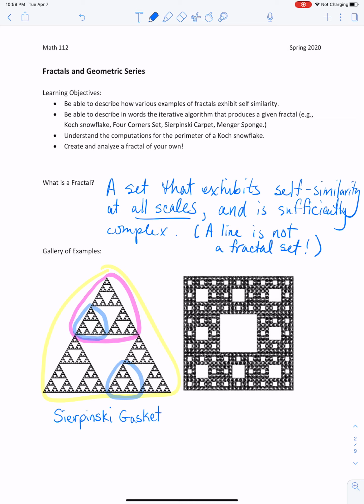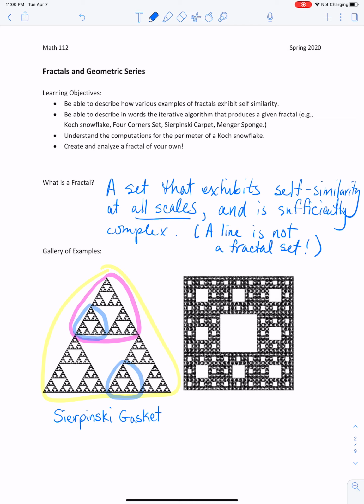I think they're pretty fun and interesting to muse over. In going through some of these examples, we'll talk about how these are constructed, and in the culminating activity, your assignment will be to create your own fractal and do some analysis on it.